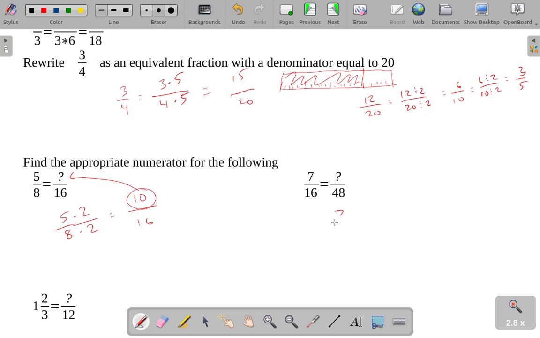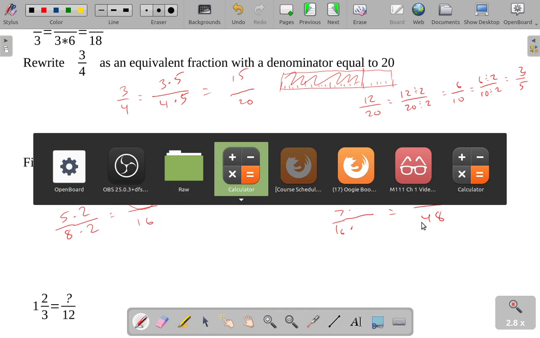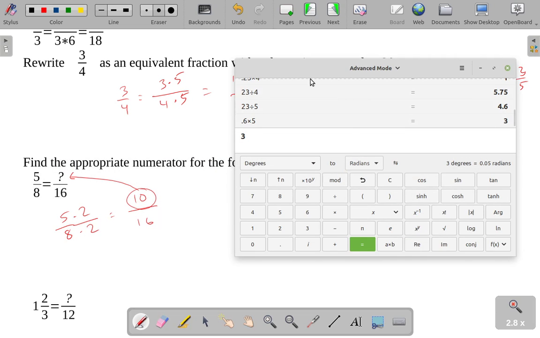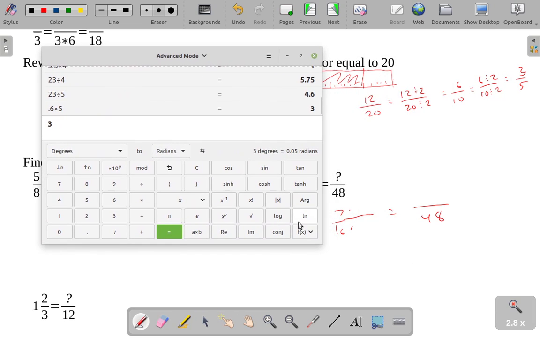All right, 7 over 16 is what I'm starting with, and I want it to be something over 48. Well, I need some number times 16 to equal 48. I don't happen to see what that is, but whenever you're asking what number times something gives us 48, this is really asking a question of division.